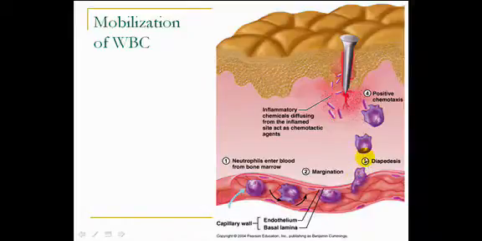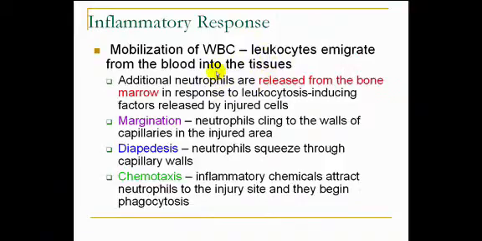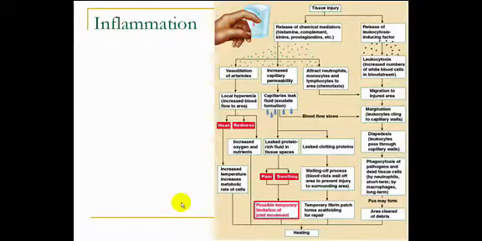And it will travel to the area where there's inflammation. So margination is when the neutrophils cling to the wall of the capillary where the tissue is injured. Diapedesis is where the neutrophil squeezes through the capillary wall. And chemotaxis is the chemicals attracting the neutrophil to the injury site. Then the neutrophil can begin phagocytosis, engulfing any pathogens or damaged cells. So this is a little summary of what happens with inflammation.